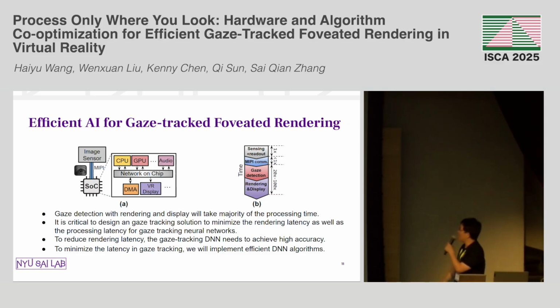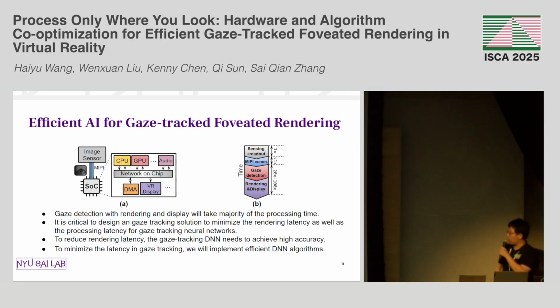So the eye camera will sense the eye pictures and send these pictures to the backend SoC, and the GPU or some other compute unit will take this human eye picture and perform this gaze detection. And once the gaze detection has been generated, it will be forwarded to the SoC to perform this gaze tracked foveated rendering.